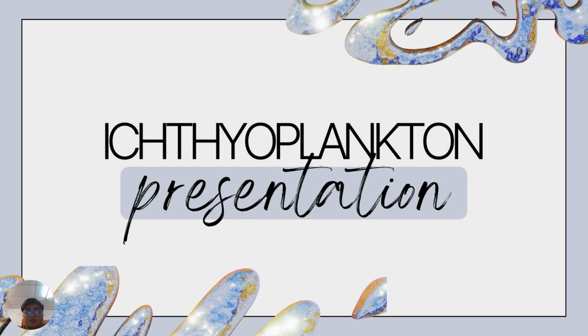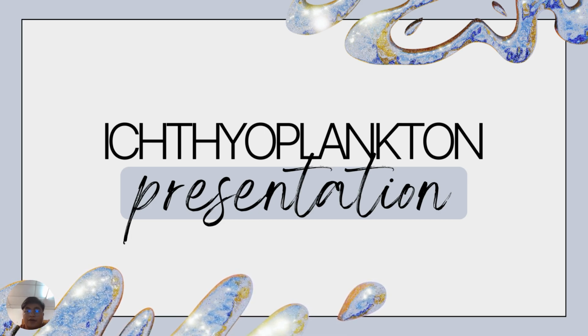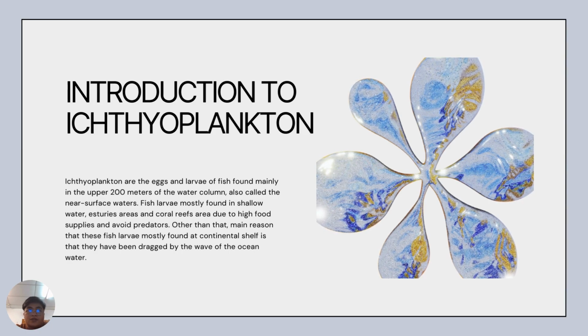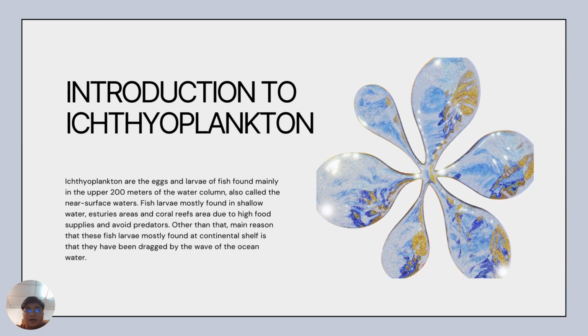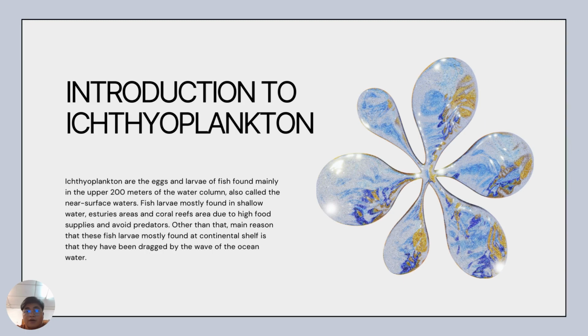Today I will present to you about Ichthyoplankton that we got during our field trip at Pantai Pandan Lundu. Ichthyoplankton are eggs and larvae of fish found mainly in the upper 200 meters of the water column.